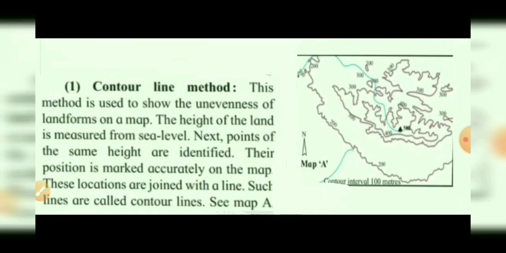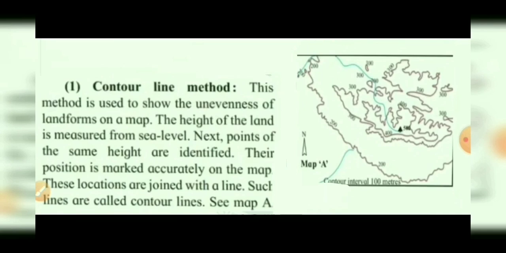The contour line method. This method is used to show the unevenness of landforms on a map. The height of the land is measured from sea level. Next, points of the same height are identified. Their position is marked accurately on the map. These locations are joined with a line.